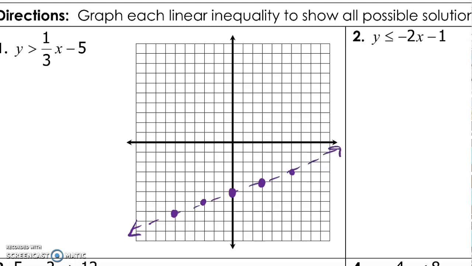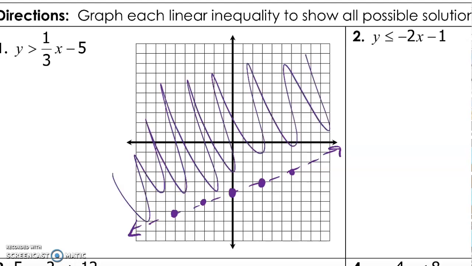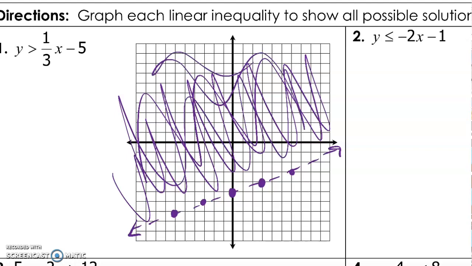You still put your arrows on. It's a greater than sign, so we think we should shade up here. Another way to check is you can just pick an ordered pair and make sure it does work in where you shade it. I like to pick 0, 0. 0 is greater than negative 5. That's true, so we did shade in the right place.